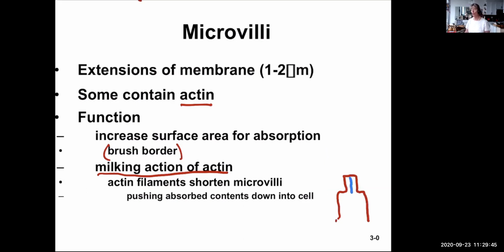Actin is a contractile string of protein. And here's a piece of food, and the piece of food is absorbed into the cell. But how does it get from the microvillus down into the cell itself? Well, what happens is the actin shortens, and it brings that food material down into the center of the cell.